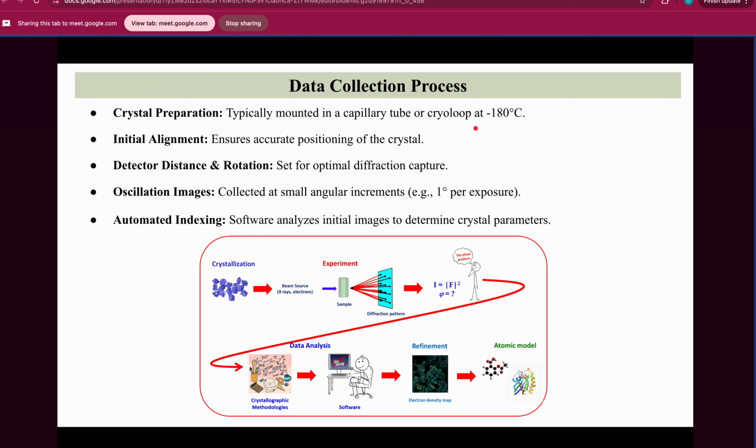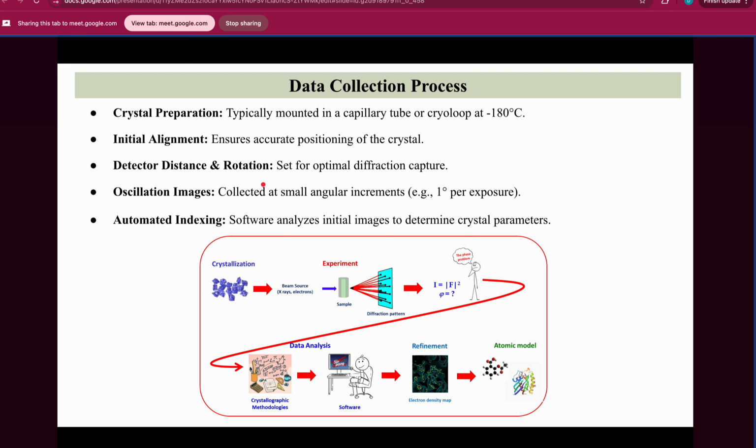If that alignment is not proper, if there are some rotational or translational errors among different layers of that particular crystal, then it will generate some errors. So in this case, we are ensuring that there is accurate positioning of the crystal.